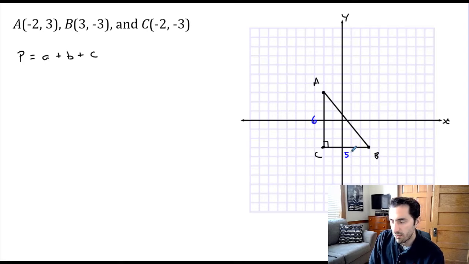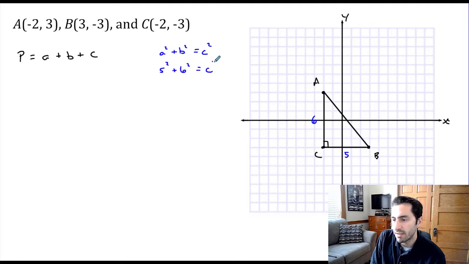To find the last one, well, it's a little slanted, so we can't just count it, but we can use the Pythagorean theorem. So again, the Pythagorean theorem, a squared plus b squared is c squared. We know the two legs, so we know 5 squared and 6 squared, and that's going to give us our last side length squared. That's going to give us our hypotenuse.